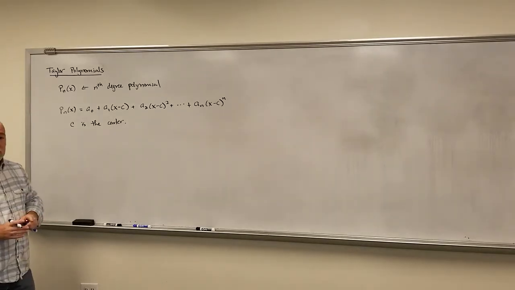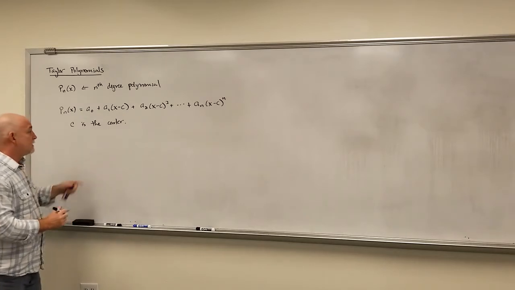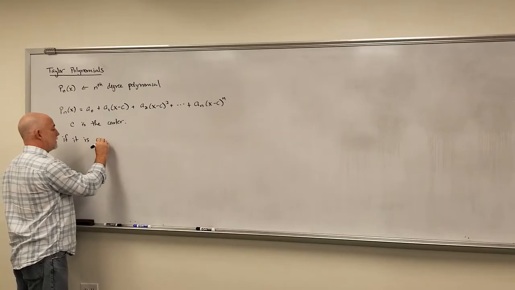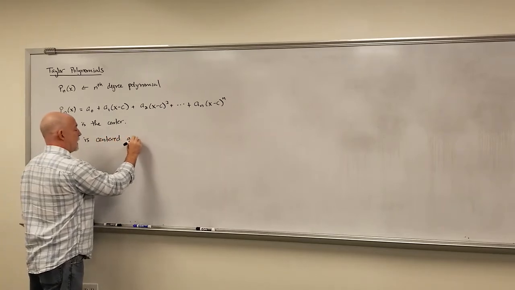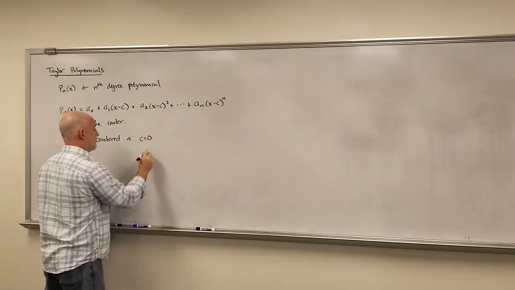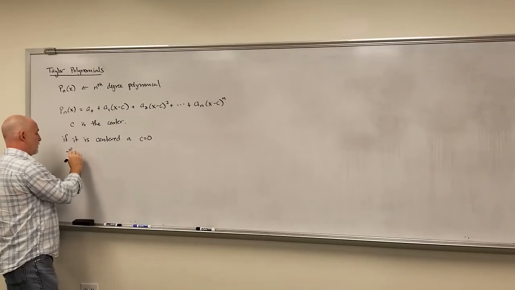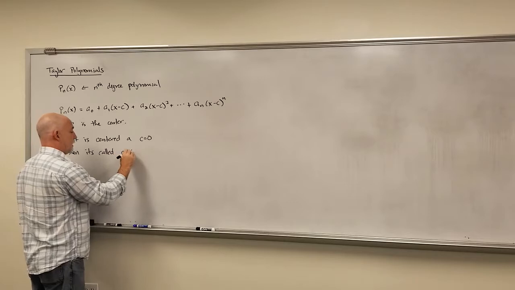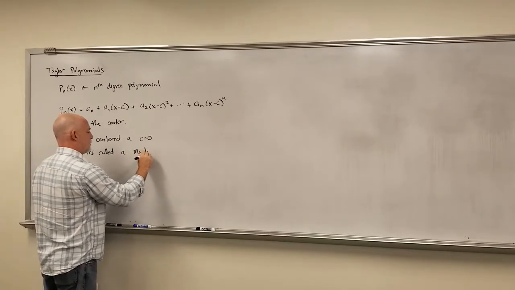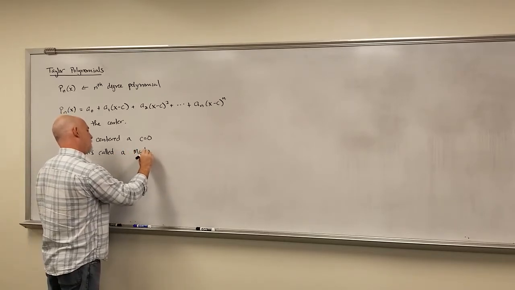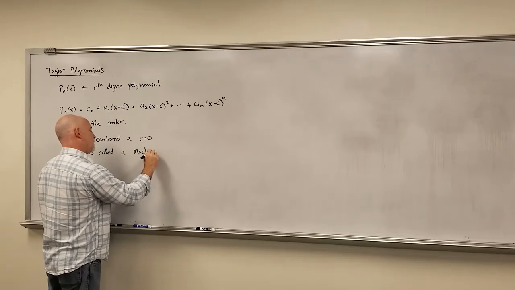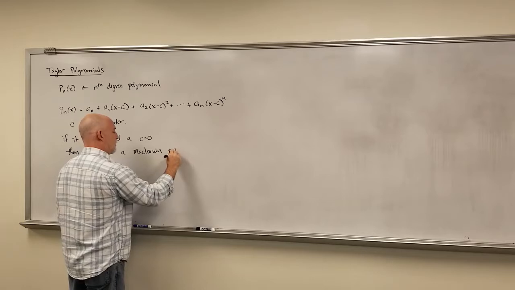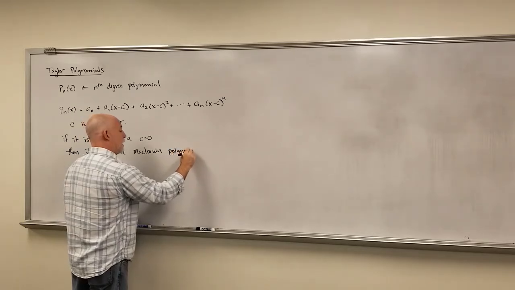Now, if we take this and we center it at 0, centered at c equals 0, then it's called a Maclaurin polynomial. Check how you spell Maclaurin there.